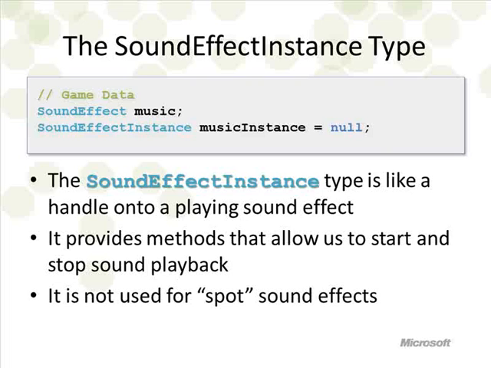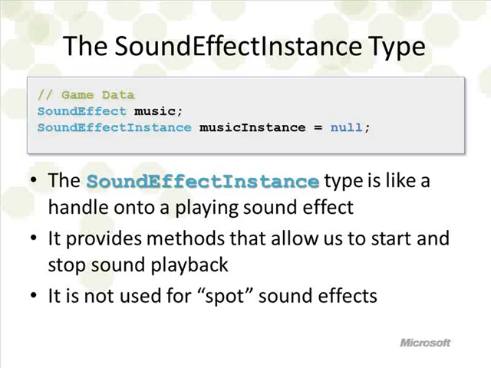And so what XNA provides you with a way of doing is actually getting hold of a piece of playing sound and fiddling with it and making it loop round and play continuously and all that kind of good stuff as well. So the sound effect instance type lets me grab hold of a playing sound effect and do things with it. If I just call play, the sound effect just plays and then ends.